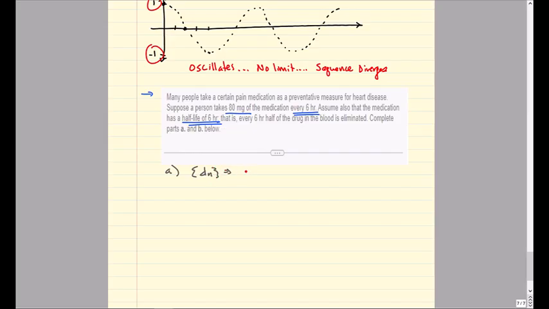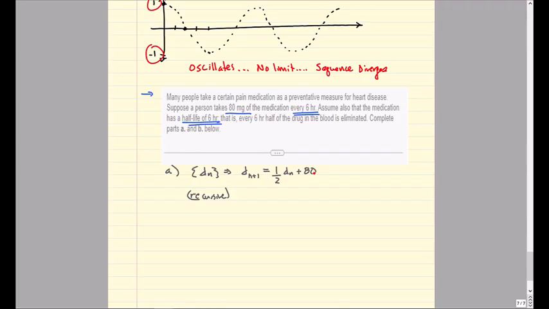Our next dose, again this is recursive, is equal to our previous dose, and it says it's the half-life every 6 hours, so half of our previous dose plus our new dose, which is 80. So this is our current D sub n plus 1, based on half of the previous dose plus another 80 milligrams.